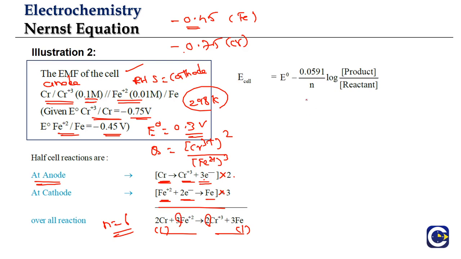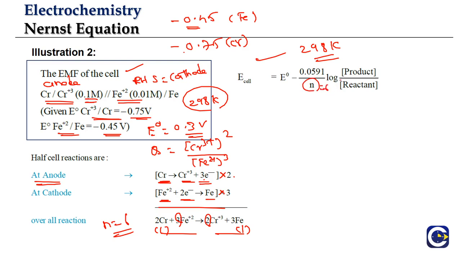So the E cell value will be E naught cell minus 0.0591 by n, because we are considering the temperature to be 298 Kelvin. E cell is equal to E naught cell minus 0.0591 by n, where n is the number of electrons exchanged.